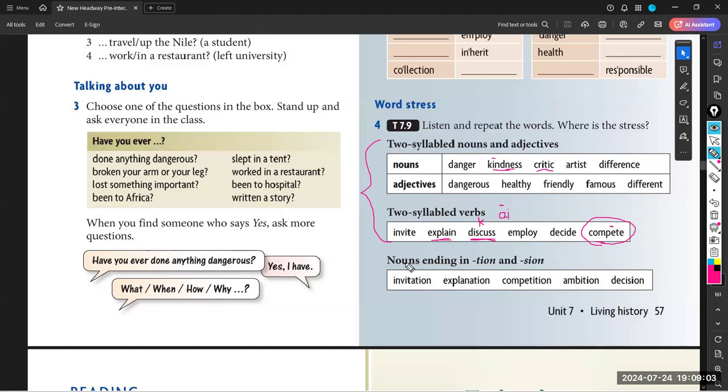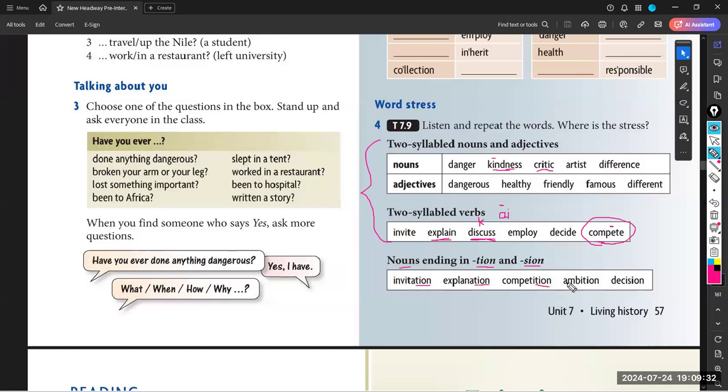Okay. Now, guys, here we have the nouns, and these nouns end with T-I-O-N or S-I-O-N. So notice that we have invite. If you want to add T-I-O-N, absolutely it will be a noun, and I have to say invitation. Explain, explanation. We have T-I-O-N. Compete, competition.